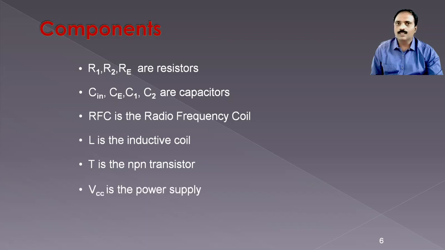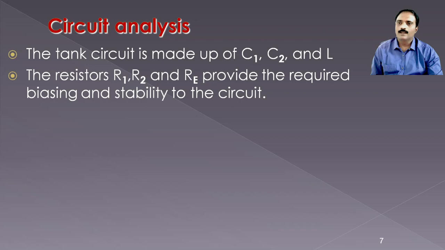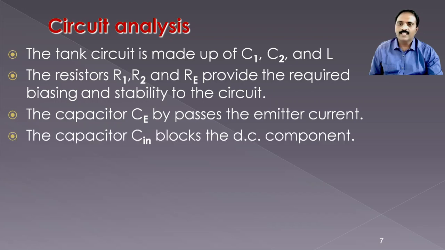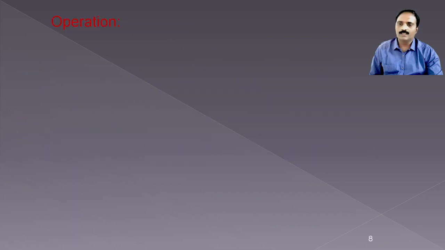And the power supply is VCC that we have considered here. So the tank circuit is made up of C1, C2 and L, two capacitors and one inductor. And the resistors R1, R2 and RE are going to provide the required biasing and stability to the circuit. And CE is the bypass capacitor for the emitter current. And C input blocks the DC component. The radio frequency coil blocks the AC component. So all these things we have discussed earlier.